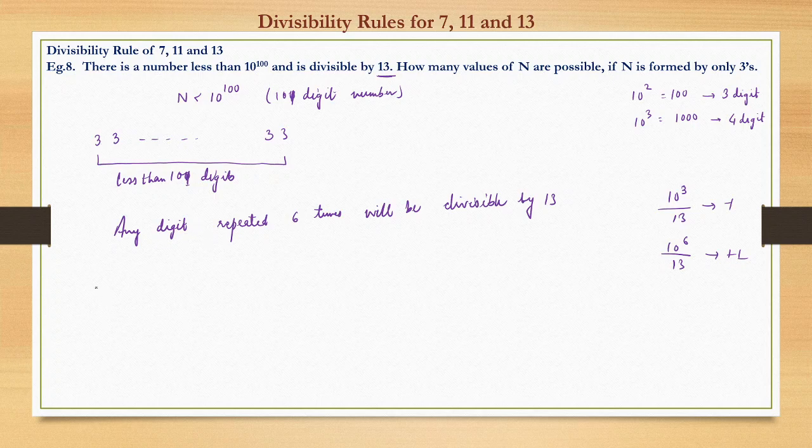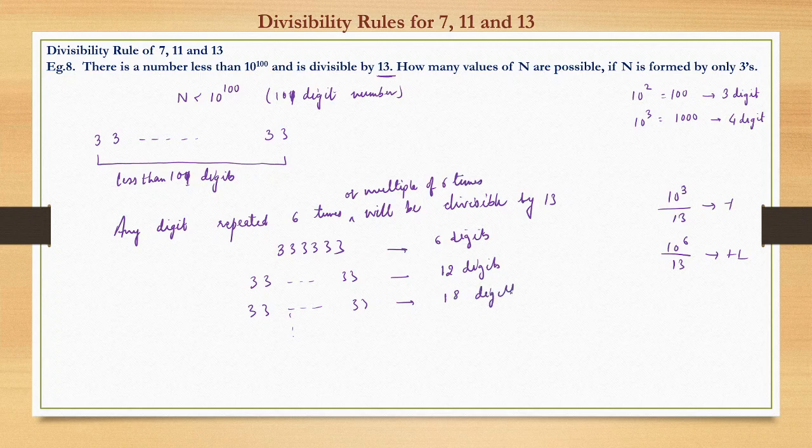So one number could be 3 3 3 3 3 3. This is one case. Another number could be 3 3 with 12 digits, right? And so on, or multiples of 6 times, 18 digits, so on.